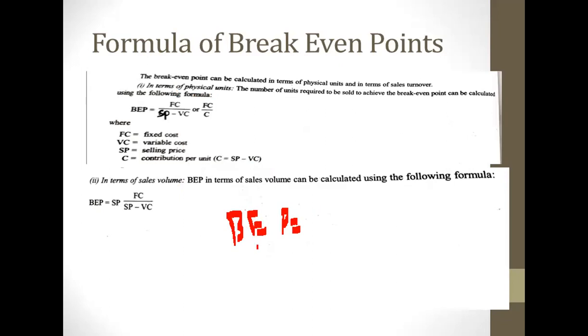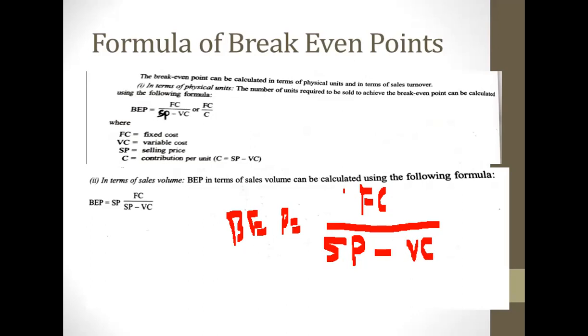That's it. So break-even point is equal to FC, fixed cost, divided by SP, the selling price, the price at which you sell the product, minus VC, the variable cost per unit of output.